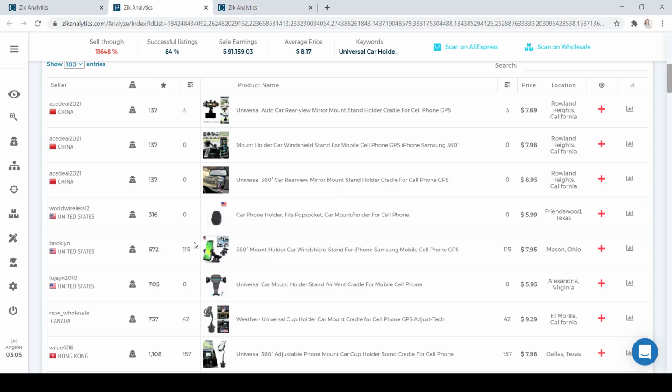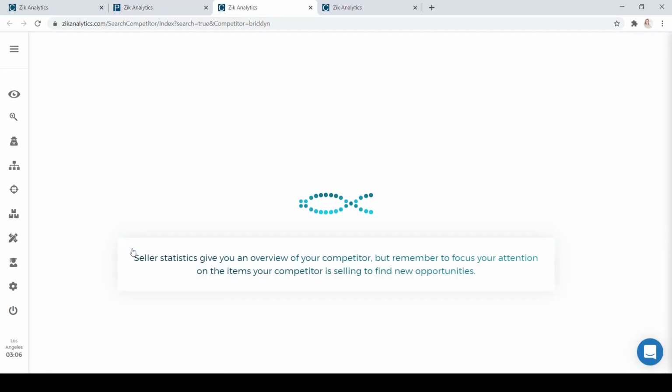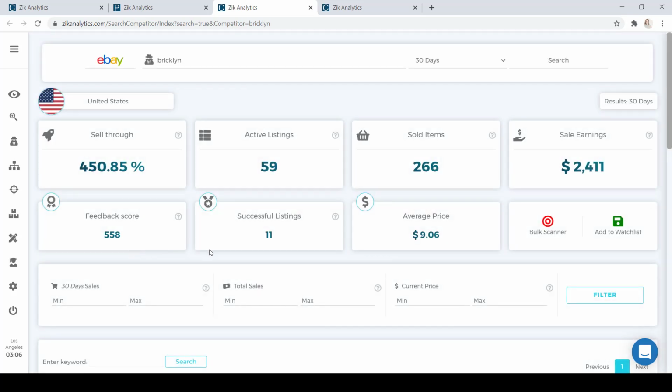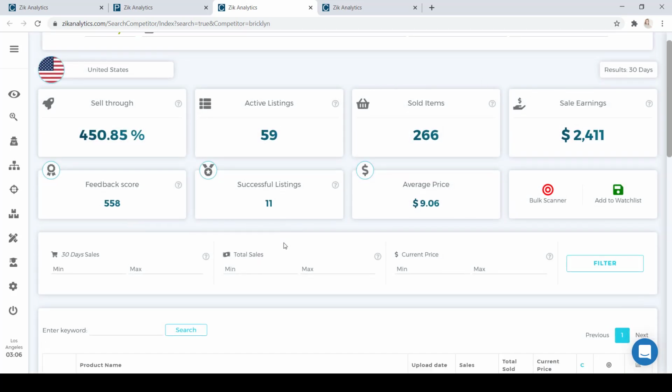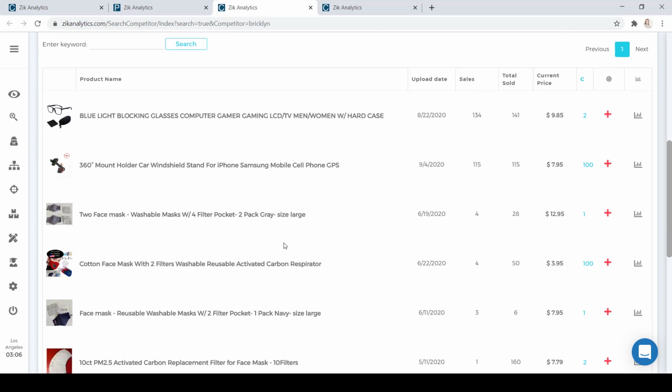He sold it 115 times for $7.95, which is a little bit lower of a price than our number 2 seller. So here you can go ahead and click on Scan Seller as well to go into the competitor research and check out this seller and the other items he's selling in his store.